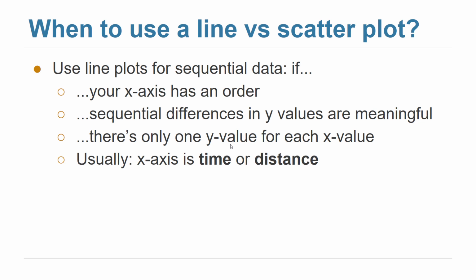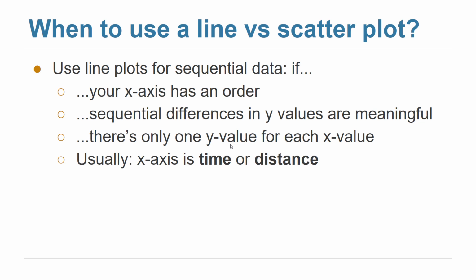But for the scatter plot, it might happen that for one x value, we have more than one y value. Because it's not sequential, it can happen that for two individuals, they have the same x value, but of course they can have two different y values. In this case, of course, scatter plot makes more sense.